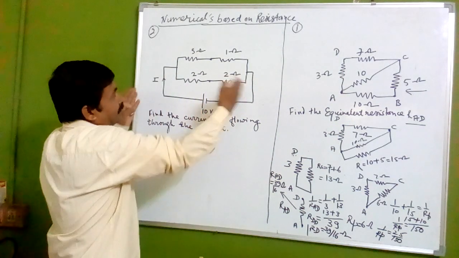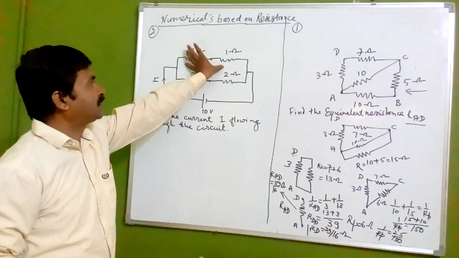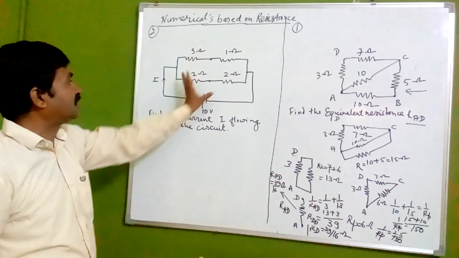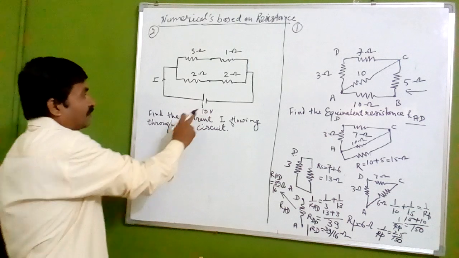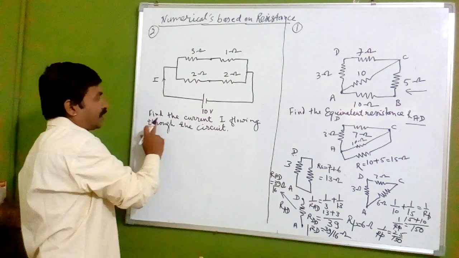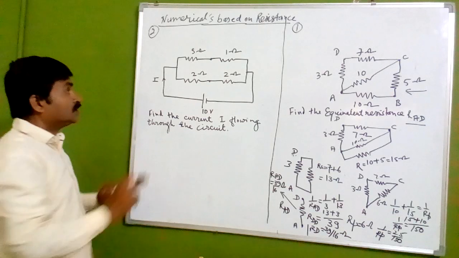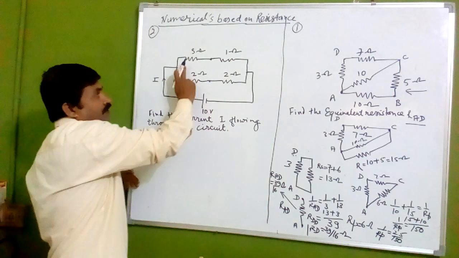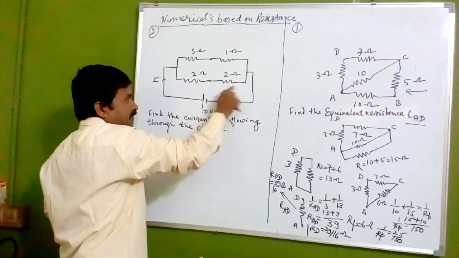Now similarly another question, here we are having a series combination along with a parallel combination, and then it is connected with a battery of 10 volt. Now simply what we have to calculate is to find the current I flowing through the circuit. So first we have to calculate this resistance and this resistance.